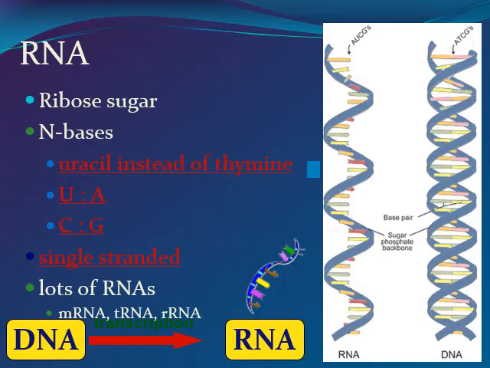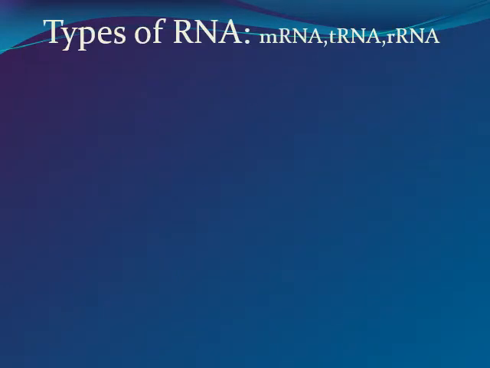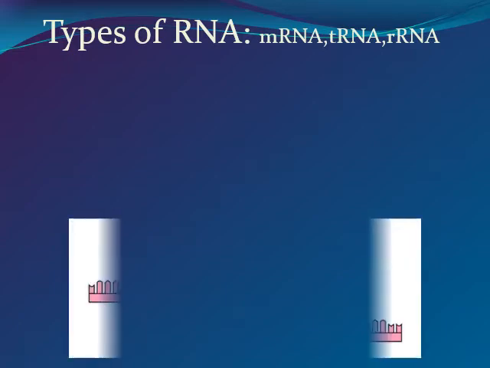Functionally, DNA stores genetic information, whereas RNA controls how that information is used. There are three types of RNA: 5% messenger RNA, 15% tRNA, and 80% ribosomal RNA.